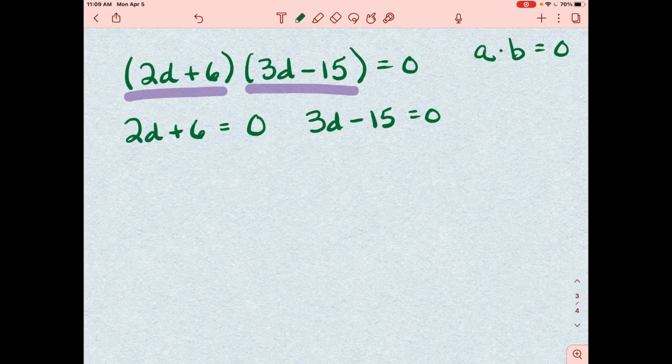We'll just save that wonderful conversation for another lesson, but let's practice solving this way. As soon as I have this split into two little mini equations equaling 0, I can just do the things I know how to do to solve it.